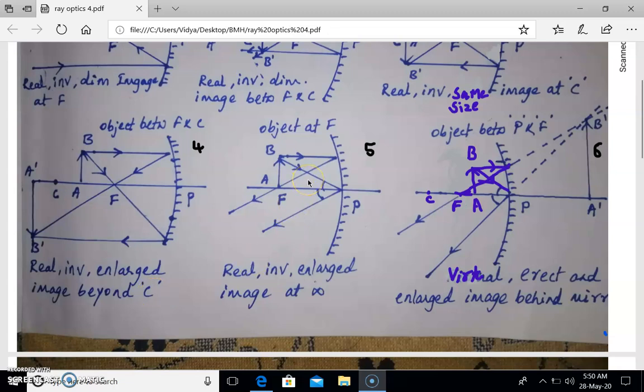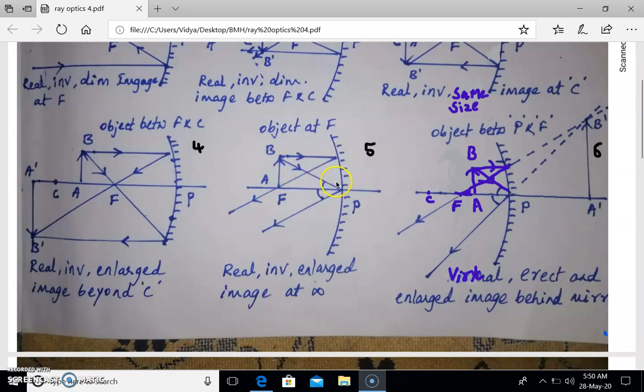In the next case, when the object is at the principal focus, after reflection the reflected rays run parallel. A ray parallel to the principal axis after reflection passes through the focus.